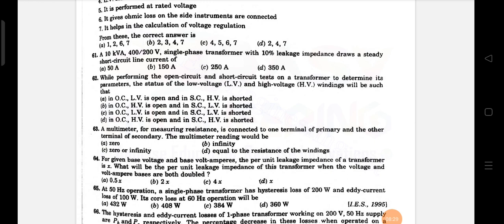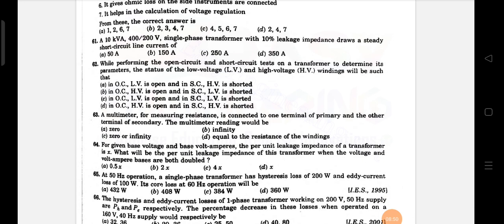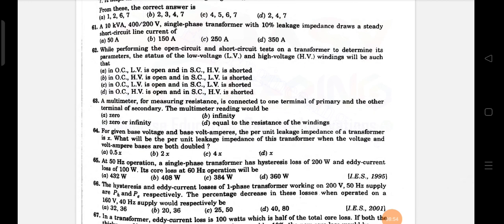In OC test, LV side test is conducted, HV is open. That means the first point is not correct. Next, second point, in OC HV is open. That is correct. LV side test is conducted and HV is open. And in SC, LV is shorted. That means the second option is correct. 62nd bit done.